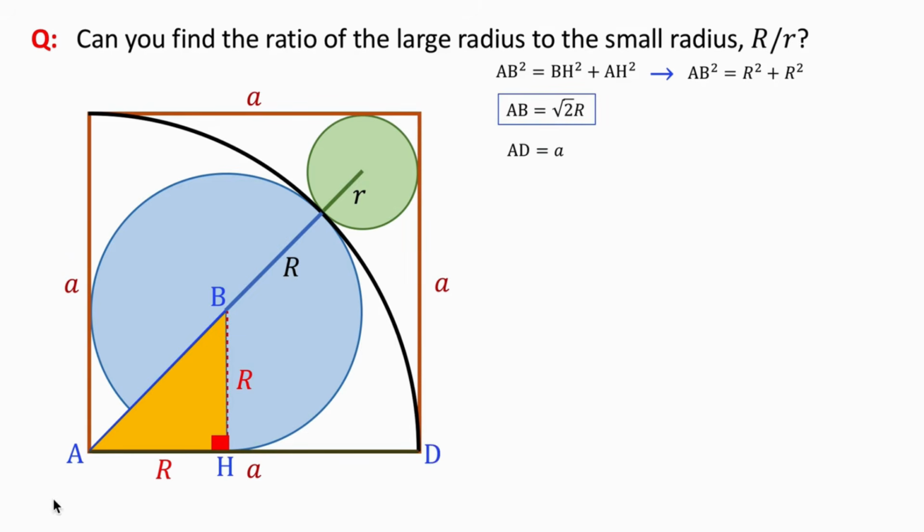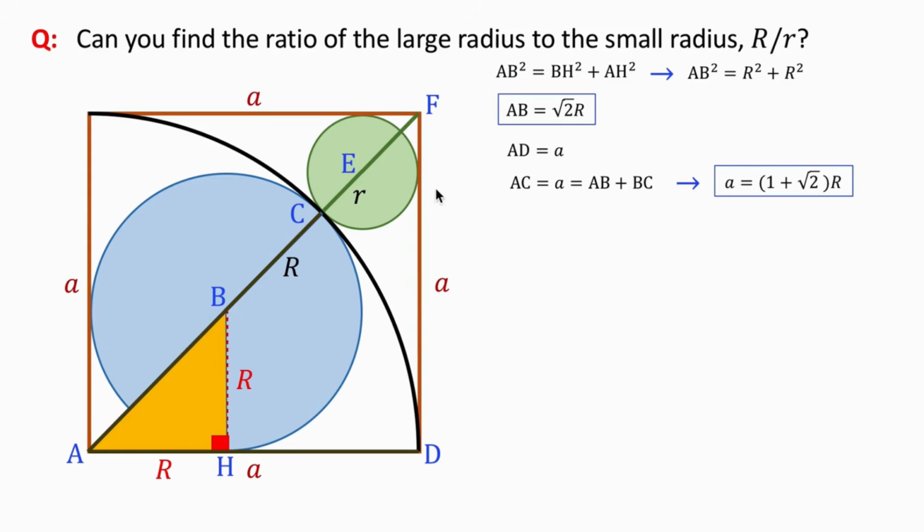Because AD has the length a, that means AC, the radius of the black quarter circle arc, is also a. In other words, AB plus BC is a. By substituting BC and AB that we found here in terms of r, we get a as 1 plus square root of 2 times r.